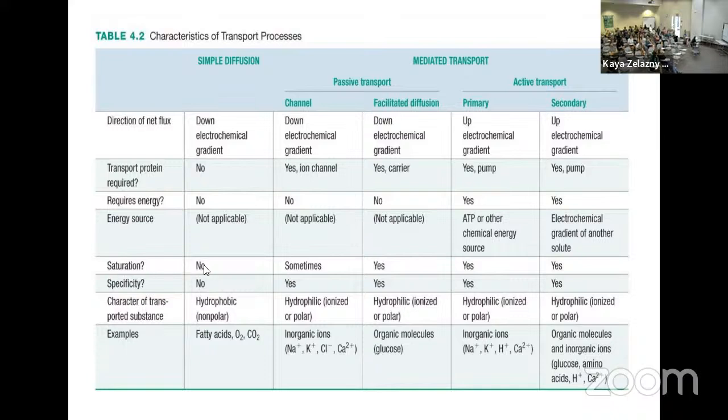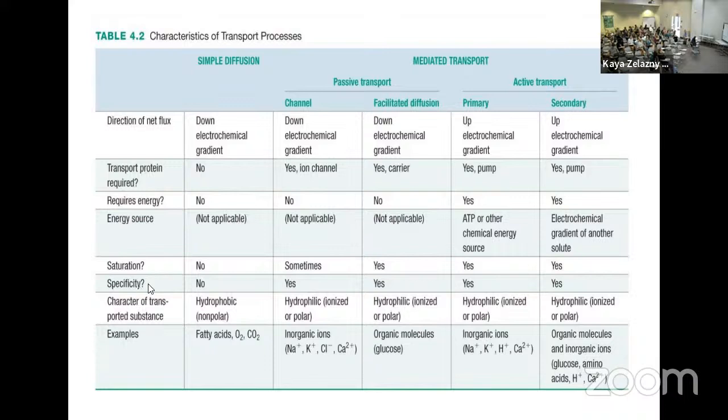You're not going to have to worry about saturation with simple diffusion, because the membrane is the membrane. But for our active transport pumps, definitely there's saturation. Facilitated diffusion through a carrier protein, yes, for sure, saturation happens. Channels are harder to block, but it could theoretically sometimes happen, so that's a sometimes, kind of a wiggly one.